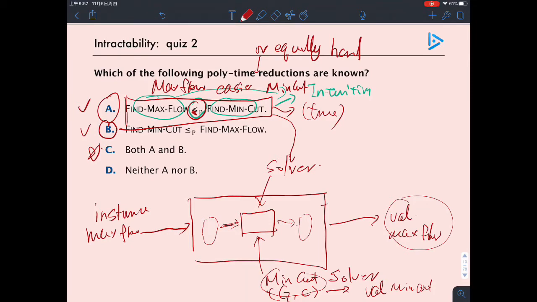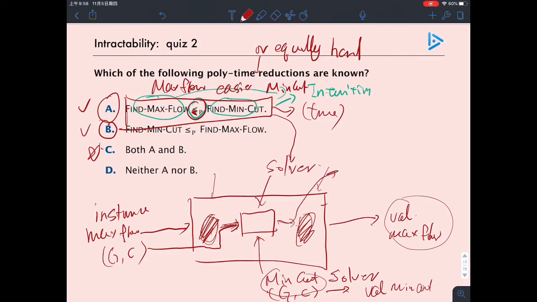The problem is the way we solve this. Because A is true, we know that we can indeed do that. The way we design the procedures right before invoking the solver and after invoking it is very straightforward. We effectively need to do nothing. The input is a graph and capacity. We don't need to tweak anything. We use exactly the same input and feed it to the solver we have.